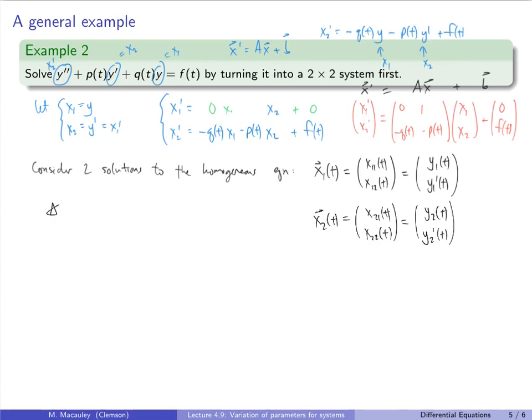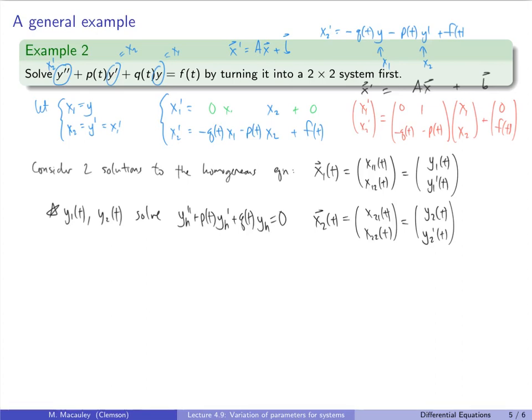And here, y1 of t and y2 of t solve yh double prime plus p of t yh prime plus q of t yh equals 0. Okay, so we can find two solutions like this just by solving this as we've done before.